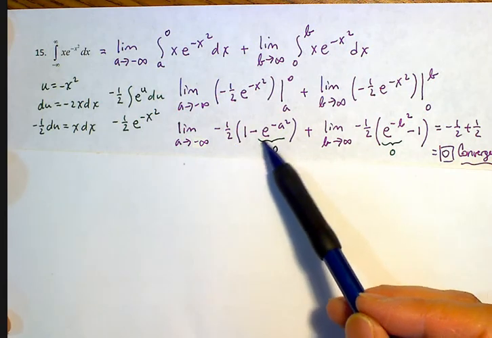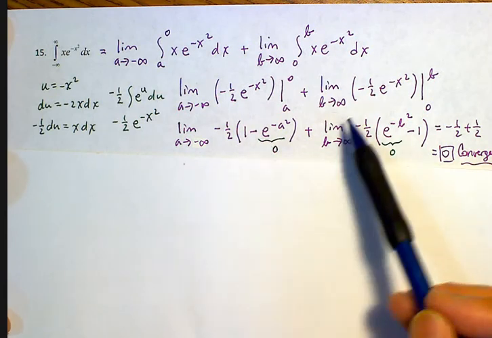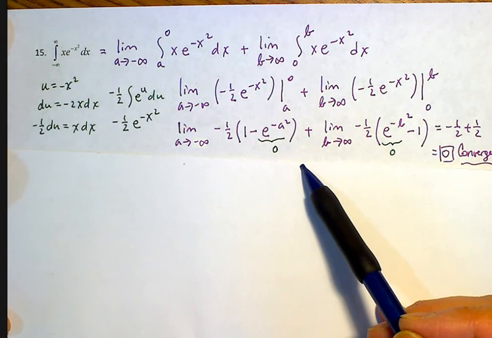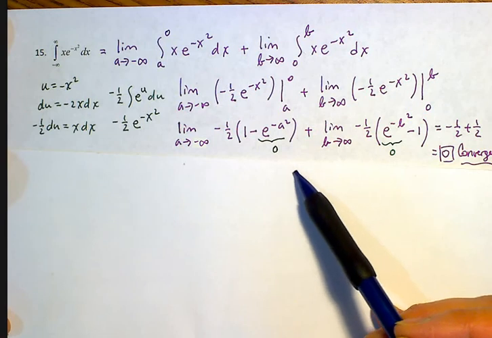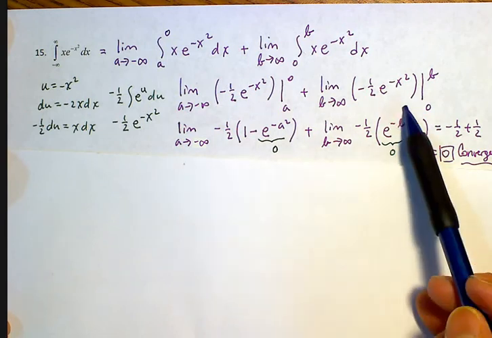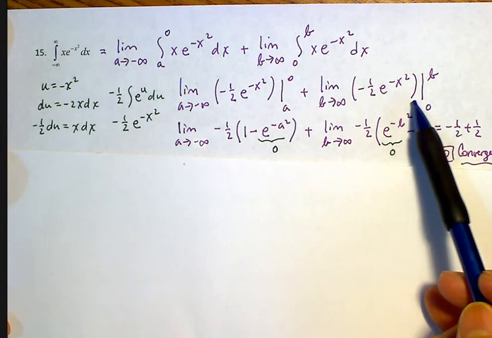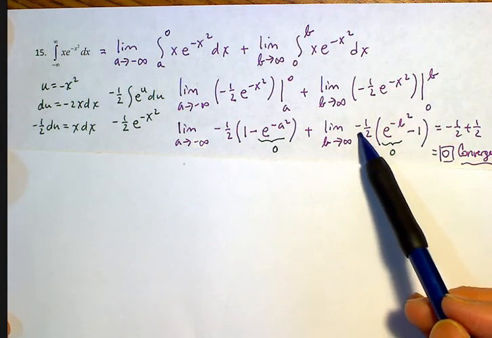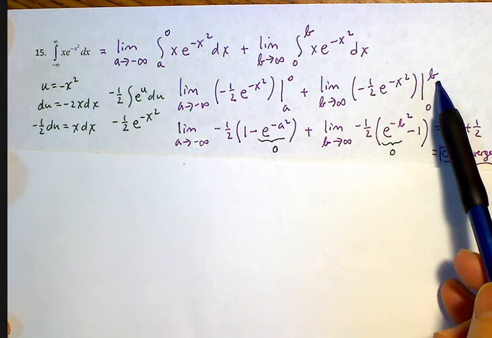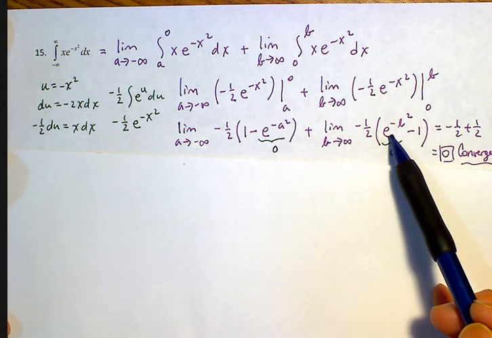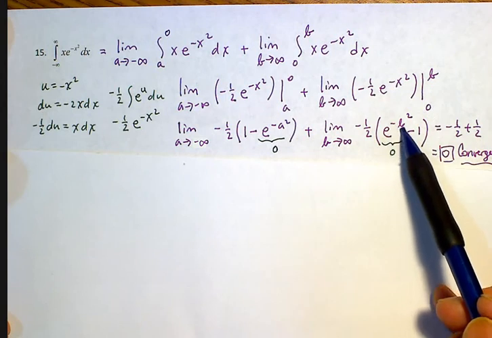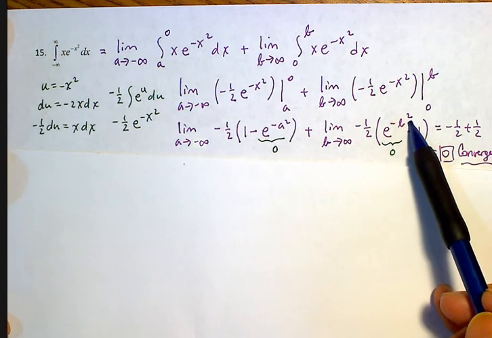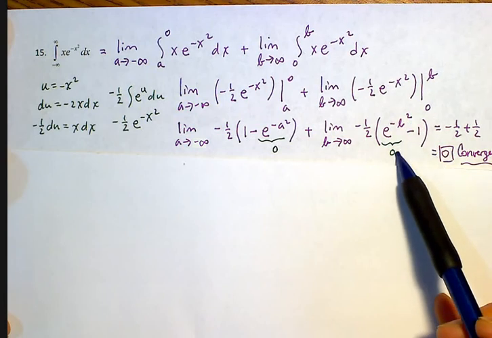So this converges. In order for the entire integral to converge, both parts of it have to converge. So now I'm going to test the second one. I'm going to factor out a negative 1/2, and my upper bound is b, so it's e raised to the negative b squared. When I put in infinity, that goes to 0 because it's 1 over e to the infinity.